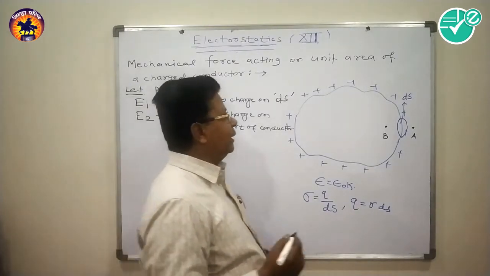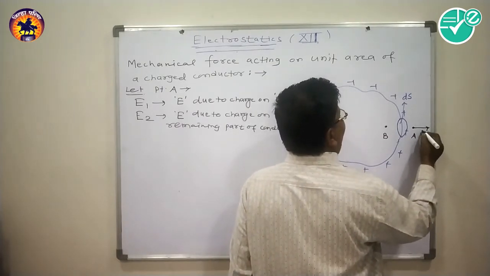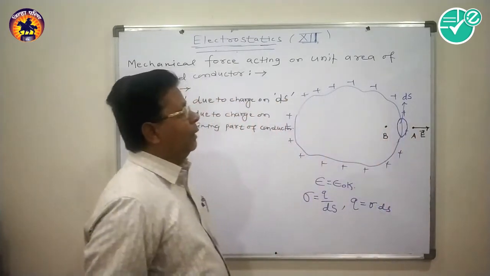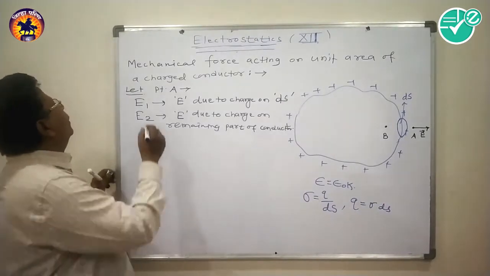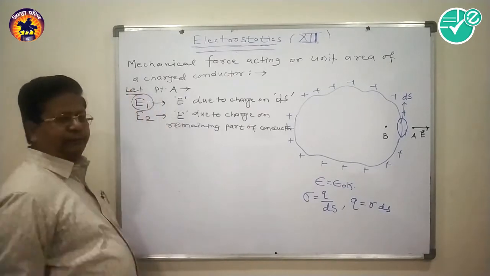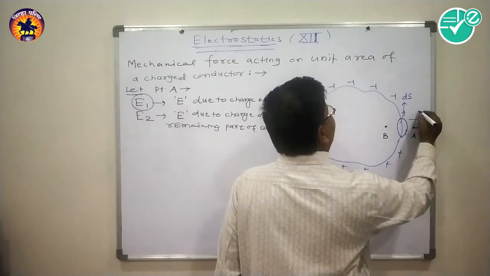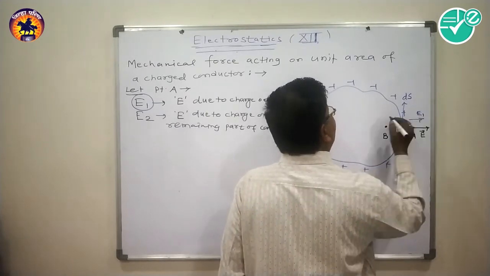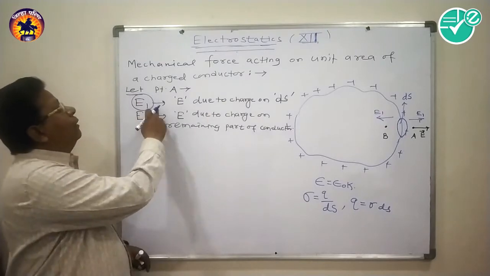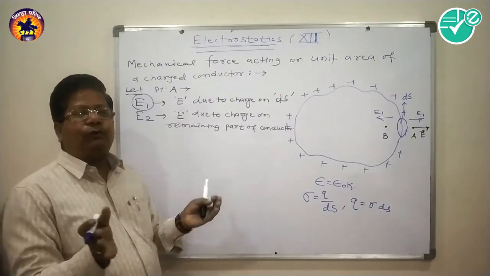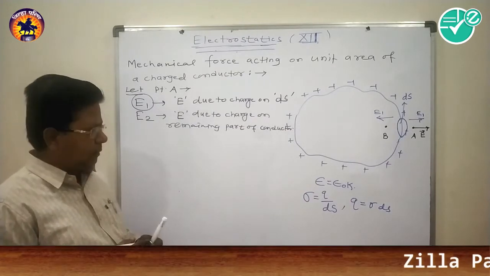At point A, the resultant electric intensity is directed outwards, and the electric intensity E1 due to charges on area ds is directed opposite to each other: outwards outside the conductor and inwards inside the conductor.